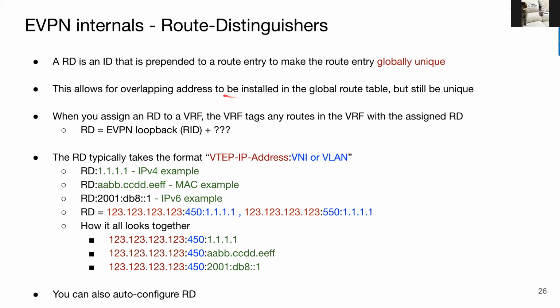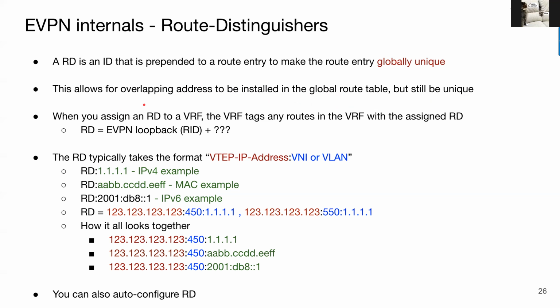Because otherwise, what would happen if I am a PE router and I get 2 identical routes from 2 different customer edge devices, but they're the same route? What will happen? Will I install both of them? No, one of them will be deprecated.